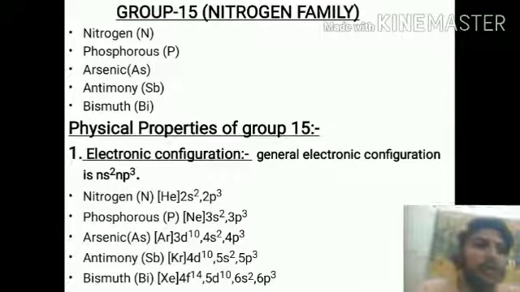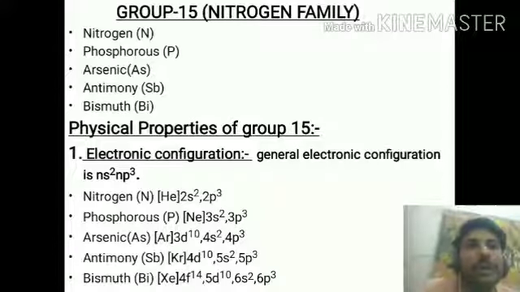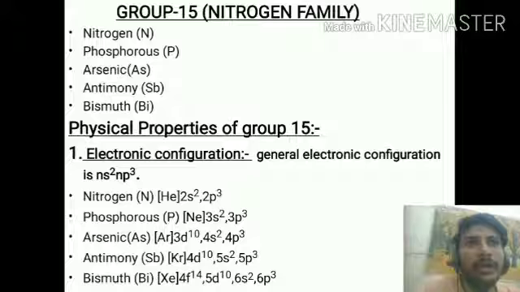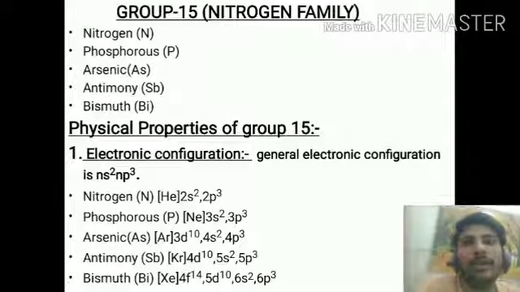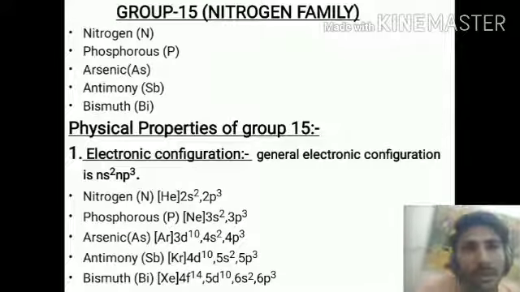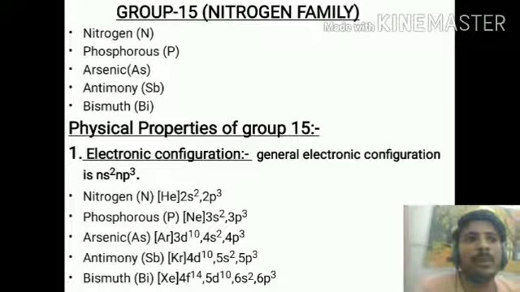Now first, the 15 group element is called the nitrogen family. I think you know the P block contains 6 groups: 13, 14, 15, 16, 17, 18. The 13 group and 14 group are already given in your 11th class P block chapter, but in the 12th class 15 to 18 groups are given.